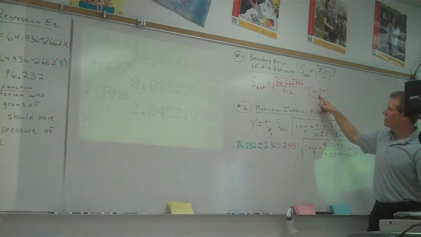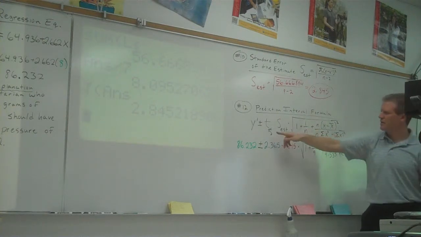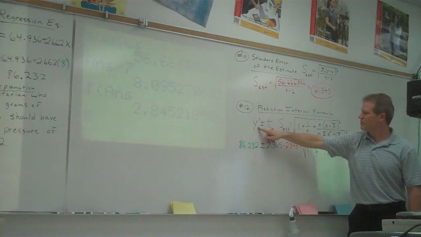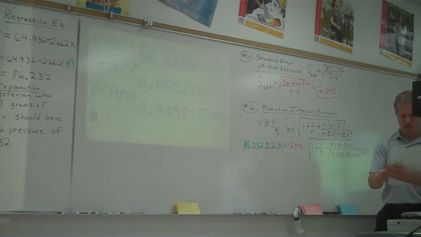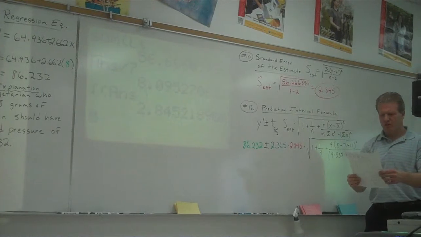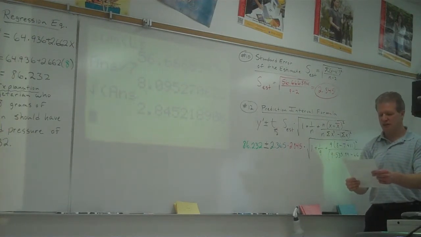Next we're going to do number 12, which is the prediction interval formula. Prediction interval formula is right here, y prime, and we're going to make a prediction. Let me see here. The question is, find the 95% prediction interval for blood pressure when the number of grams is 8.